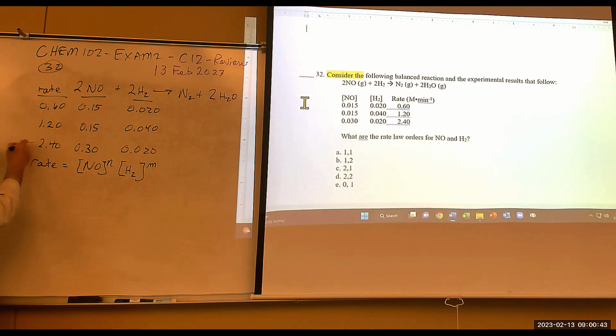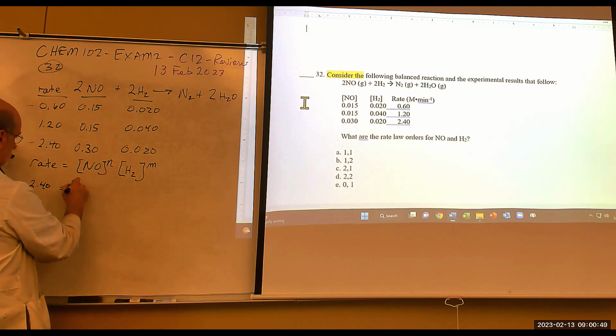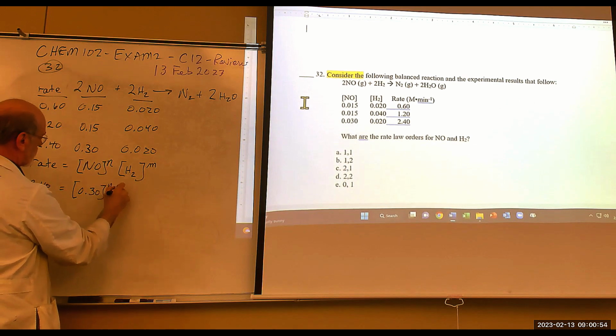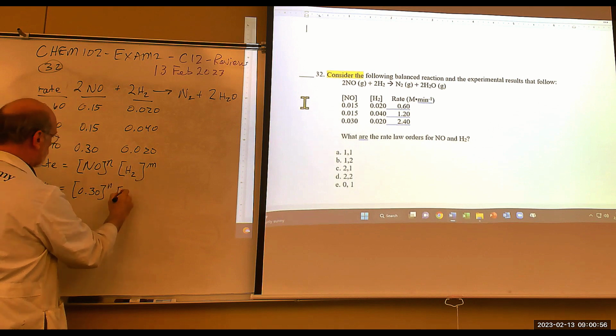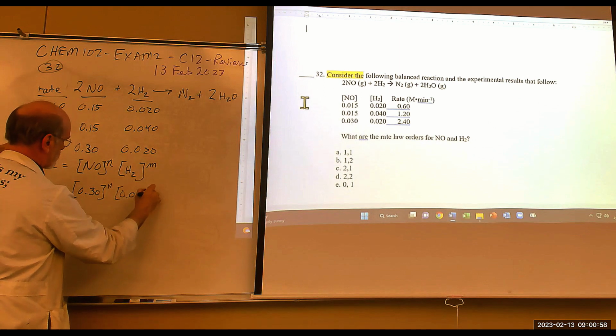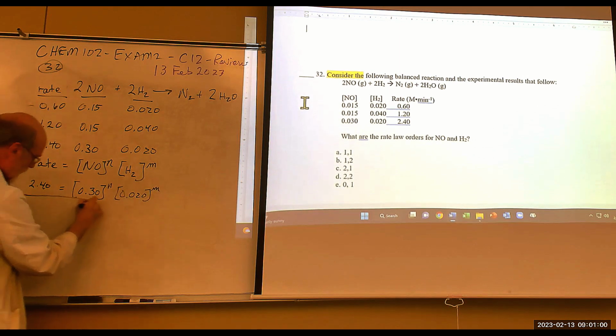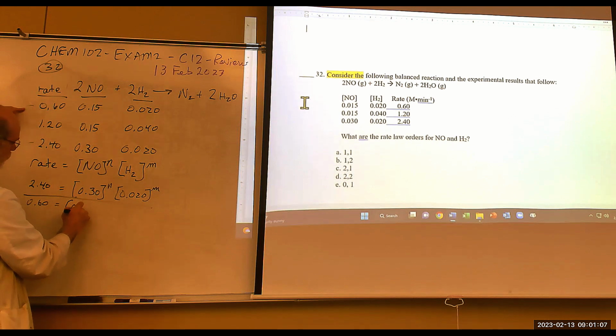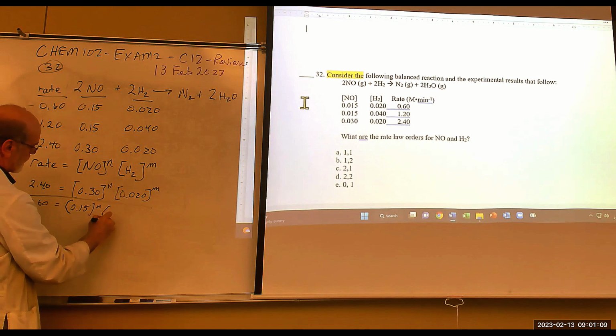So we're going to ratio this one and that one first. 2.40 equals 0.30 to the n, and H2 is 0.02 to the n. Ratio that one to this one, 0.60, and then this one has changed to 0.15, and this one stays the same.